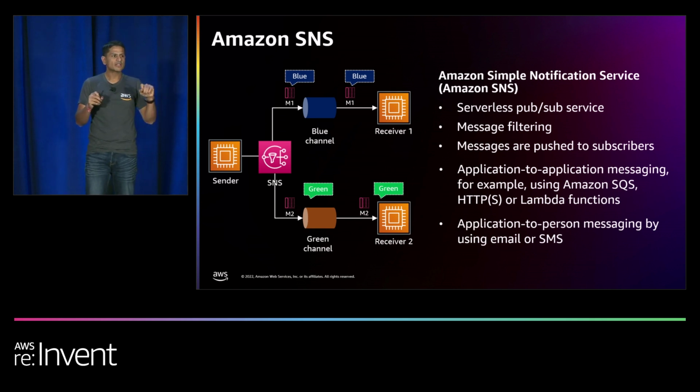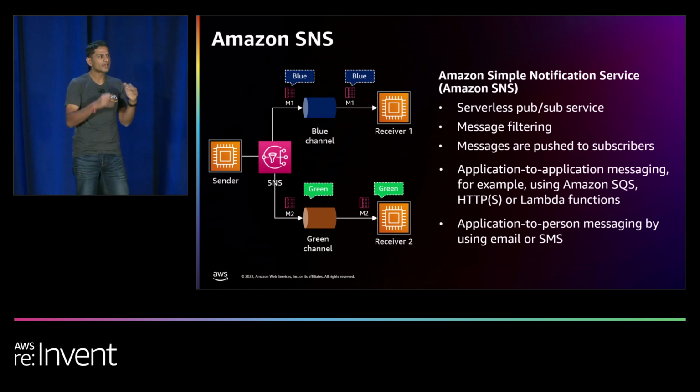So let's say you have a message coming to SNS, but you only want to ensure that the messages that go to receiver 1 have a color attribute of blue, and the messages that go to receiver 2 have a color attribute of green. This is what SNS can support, where you define those attributes, like what Norm showed when we were sending a message on the SQS. And depending on those attributes that you have configured, SNS can do the routing logic automatically.